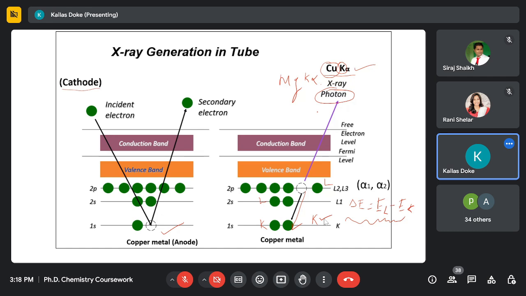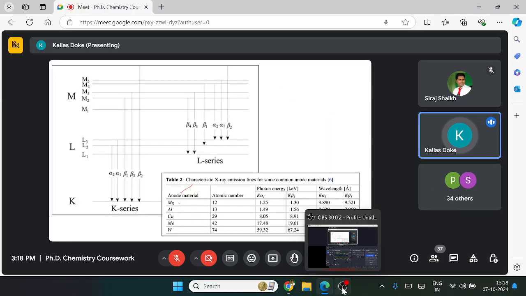Yes, sir. Okay, this is very fundamental, but you must know the fundamentals of why the X-ray is called a copper K alpha X-ray or magnesium K alpha X-ray or aluminum K alpha X-ray. On the next slide, you can see the anode materials we can use: magnesium, aluminum, copper, molybdenum, tungsten.